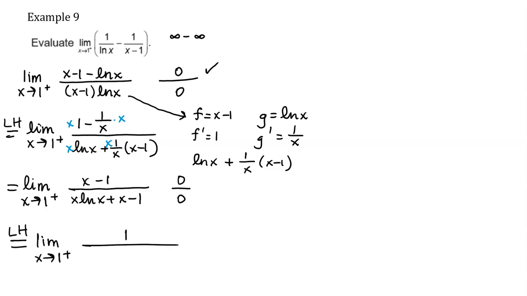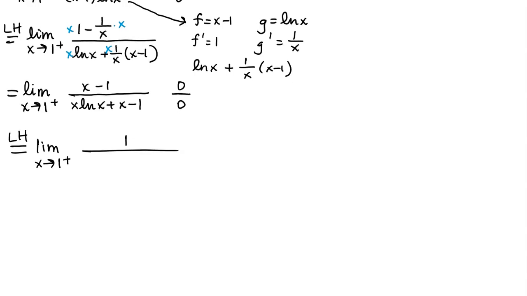The derivative of the numerator is simply 1. In order to take the derivative of x natural log x, I'm going to need to use the product rule, where I would have f prime g added to g prime f. The derivative of x is simply 1.